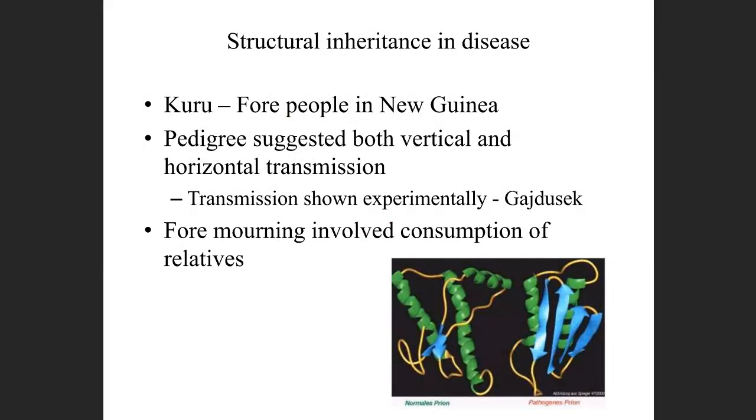Now, the disease has been studied. It's not the exact same, but it's also caused by a prion. Its inheritance was studied because there was an outbreak of this neurological disease, Kuru, found in the Fore people in New Guinea.